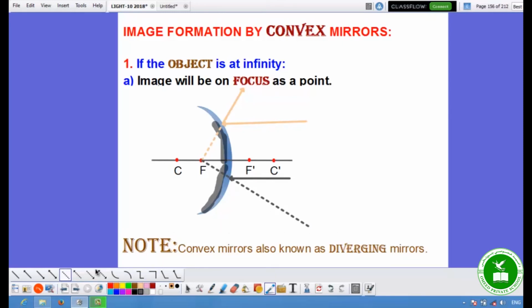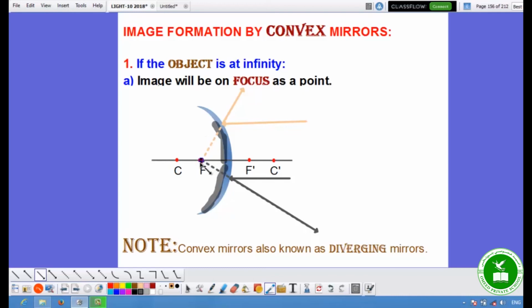This is the reflected ray, right? You see this reflected ray and this reflected ray never intersect each other in this region, so on this side they can never form an image. But here we have the extension of this reflected ray and the extension of this reflected ray.